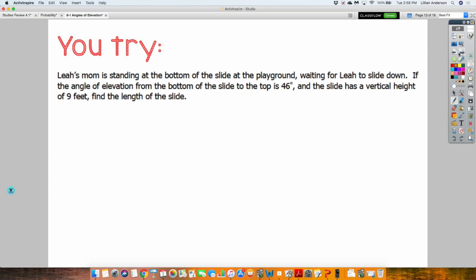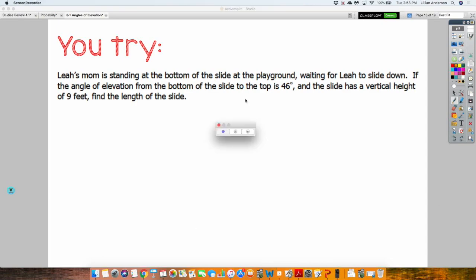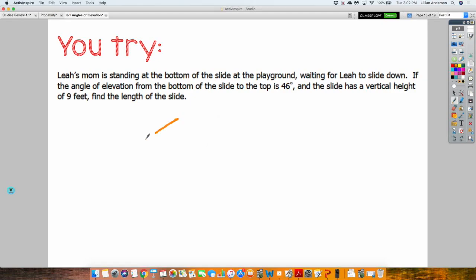On your desk, I want you guys to do this one. Draw it out and find my answer. Leah's mom is standing at the bottom of the slide on the playground. The slide represents the what in the picture? It represents the hypotenuse. So the slide is the hypotenuse.